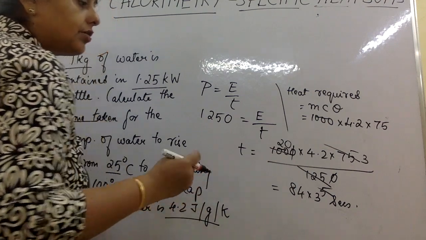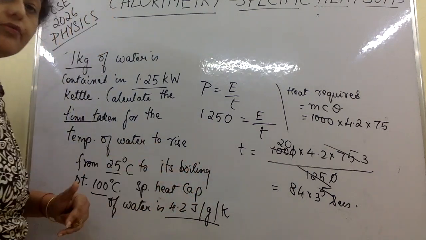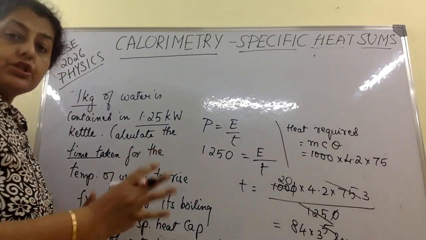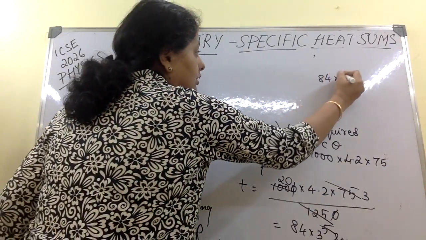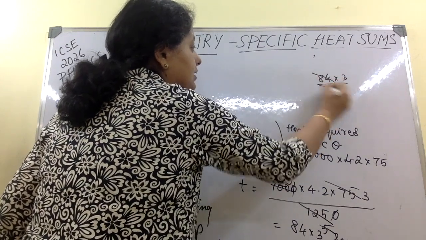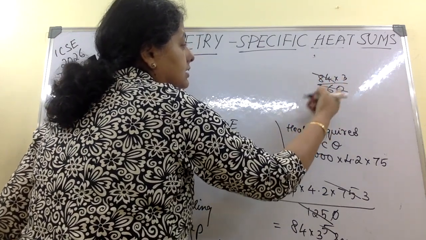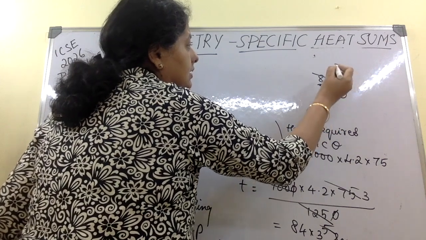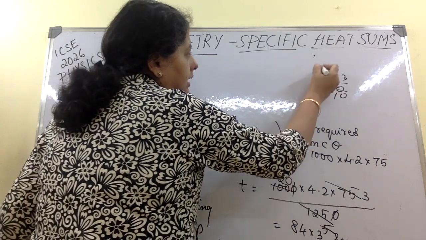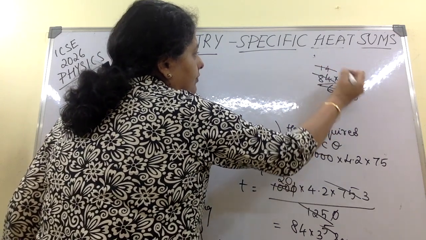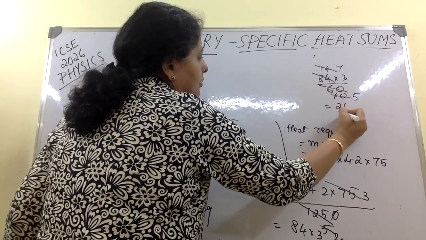If the seconds is more than 60, we will always talk in minutes. So how do we talk now? 84 into 3 divided by 60. Now see, 6, this also goes by 6, so 6 tens and 6 14s. Now it is again 5 and 7. So it is 21 by 5.